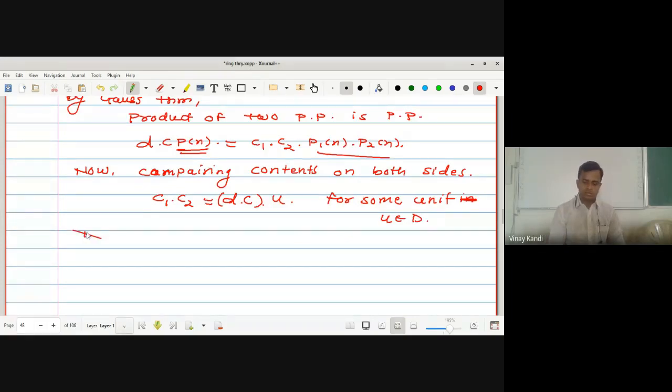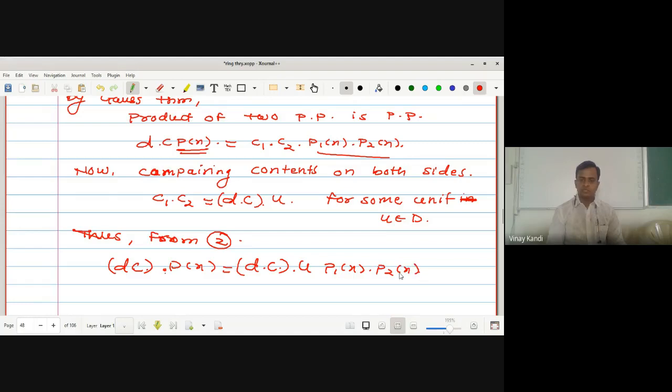So thus from 2, what we get? d into c into p of x is equal to, what is the value of c1 c2? d into c into u, into p1 of x into p2 of x.